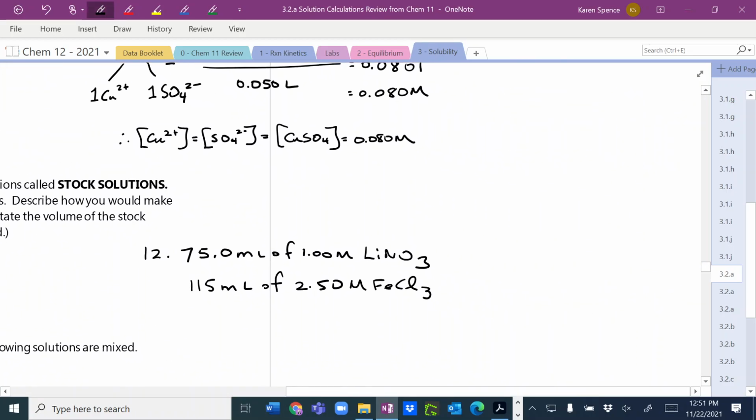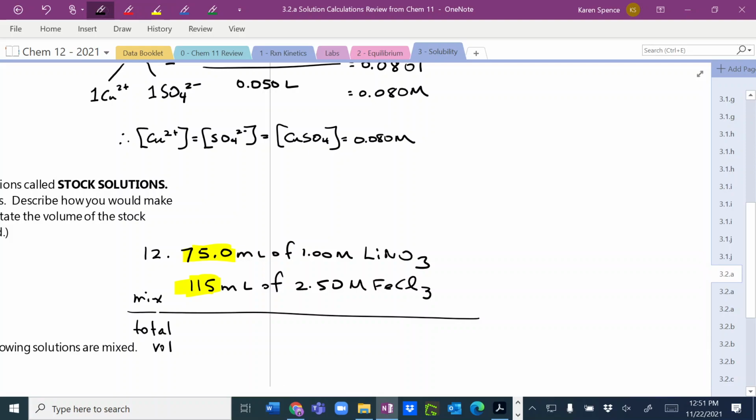So if we mix these two, we are going to get a total volume which is equal to 75 plus 115, right? Because we're mixing those two together. So 75 plus 115 is 190. So that's our total volume. And now we need to do a dilution calculation for the lithium nitrate and for the iron 3 chloride.